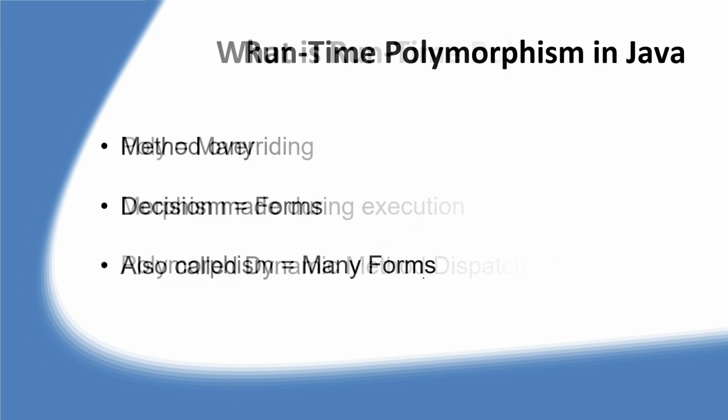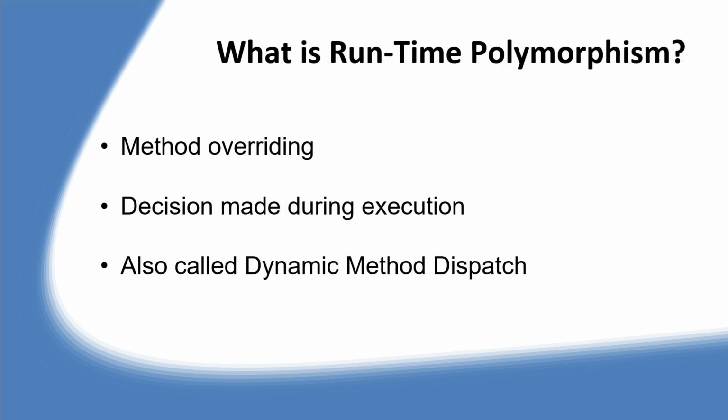Now, what is runtime polymorphism? Runtime polymorphism is one of the features in Java where the method that gets executed is decided while the program is running. So which method it will execute, that particular method is decided during the runtime. That's why it is called runtime polymorphism.